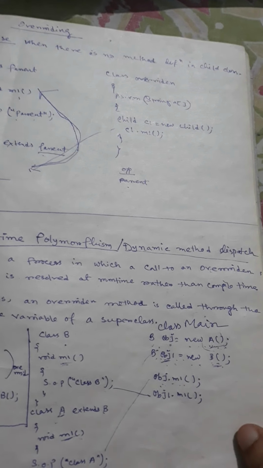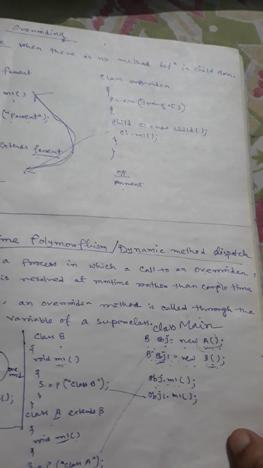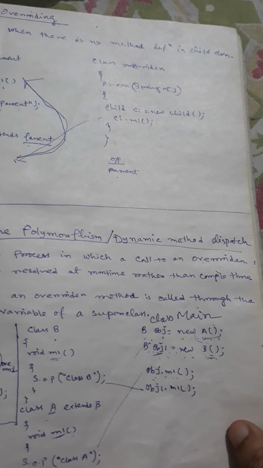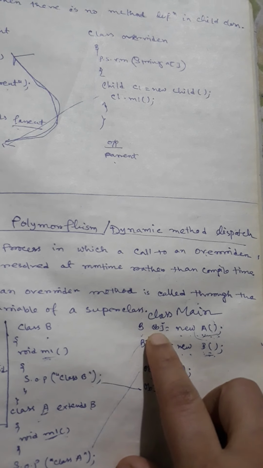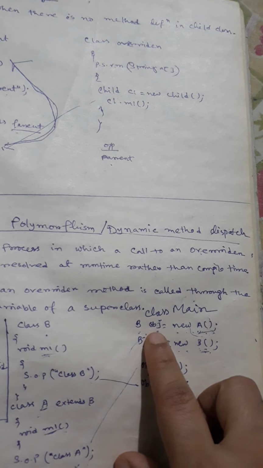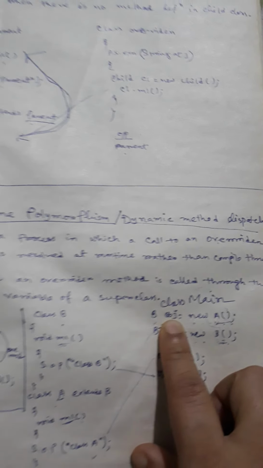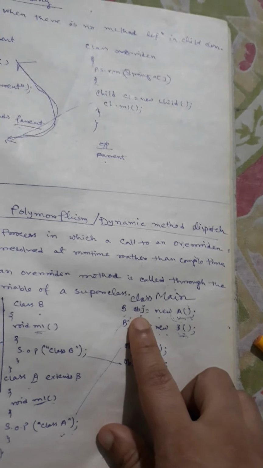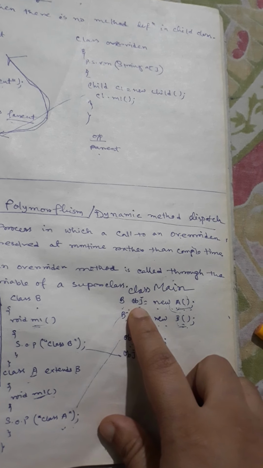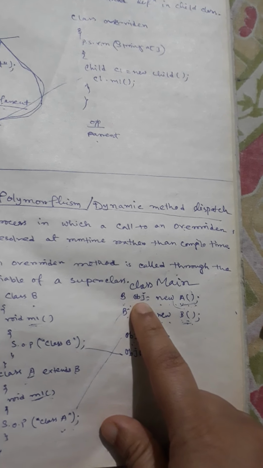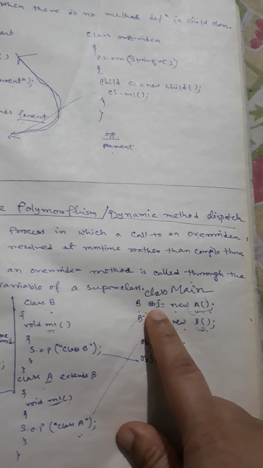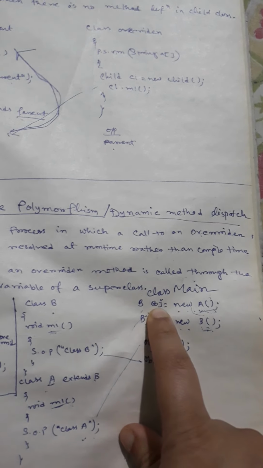Compile time is basically when we write the .java file, and in compilation we only know the reference variable, not the object, because we don't know the object of which class. This object will be created at runtime. Before runtime we cannot know the object.